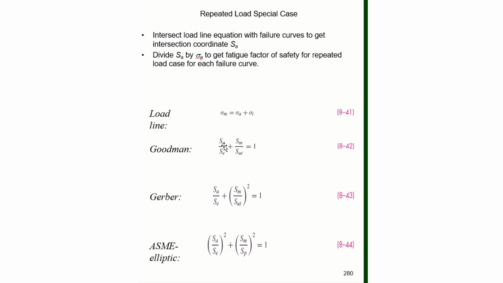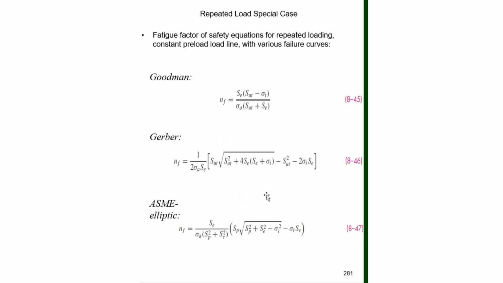So these three failure theories are similar in that the equations look very similar, and there's only a difference in the terms that are squared, and then the SUT becomes SP when we look at the ASME elliptic curve.